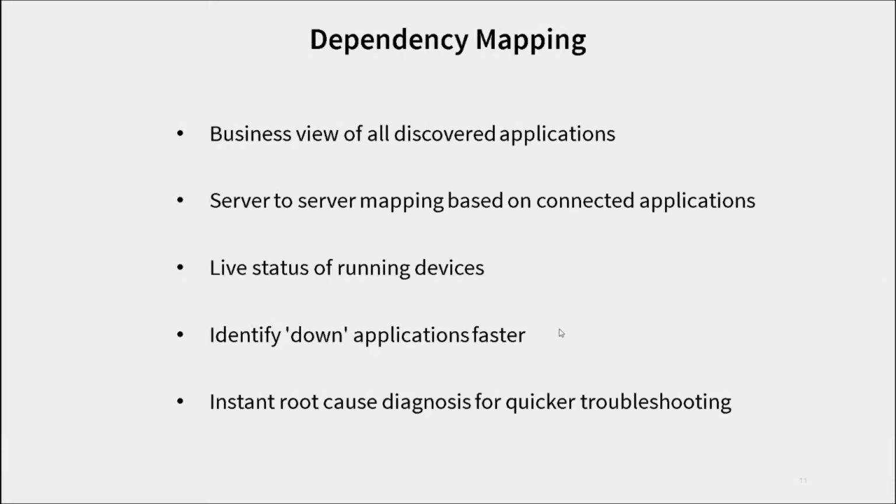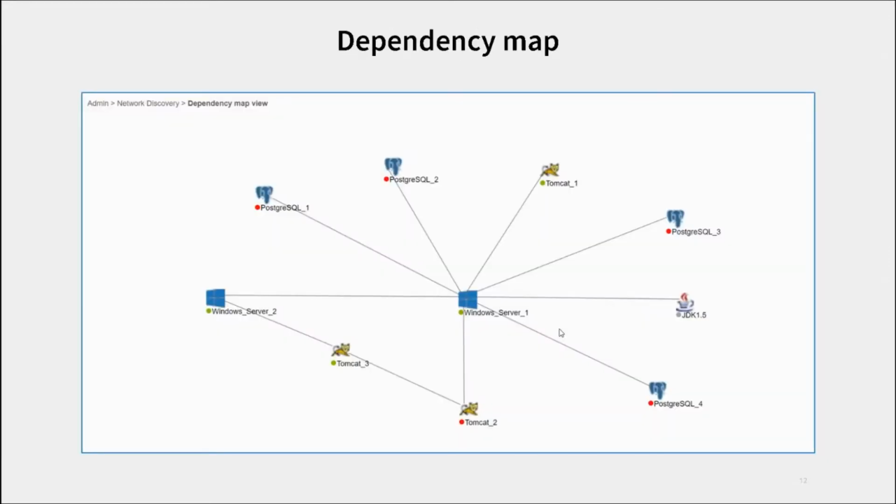And if it is in a down state, the root cause analysis will also be displayed right on the dependency map. So to give a clear picture as to how the dependency map looks, this is what we have. Now over here, as we can see, we have a couple of servers, databases, and applications. Now the benefit of this dependency map is it gives a clear visibility of the various applications that are connected with each other.